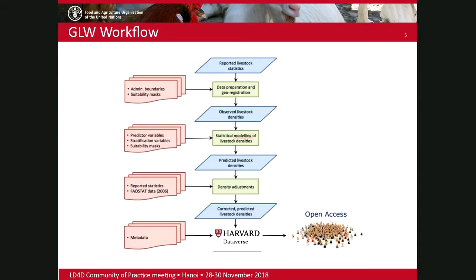This is the process of producing the data, and I don't really have time to go into this in detail, but we start with the reported statistics, and then there's the process of georegistering all of those statistics, and that comes up with observed livestock densities, and then we have a bunch of predictor variables and a bunch of models, and we come up then with the statistical models of the predicted livestock densities.